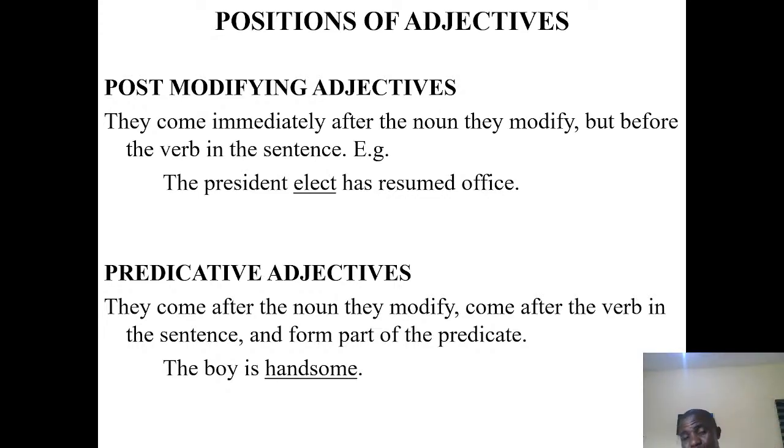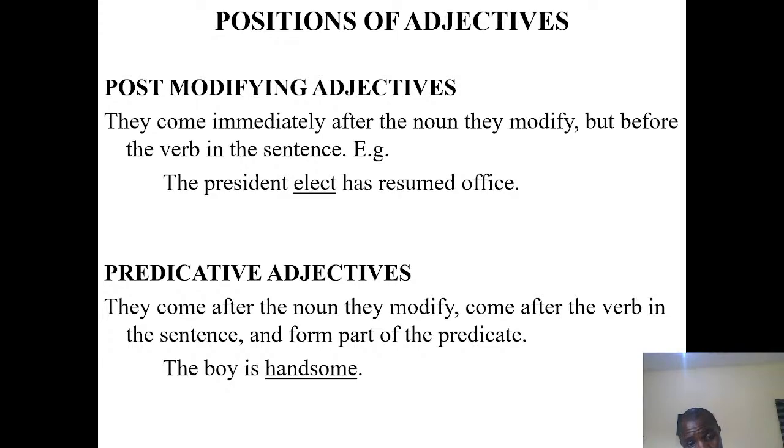Take note of that. Then predicative adjectives come after the noun they modify, come after the verb in the sentence, and form part of the predicate. The boy is handsome. The boy is the noun they modify, is is the verb, handsome is the adjective.